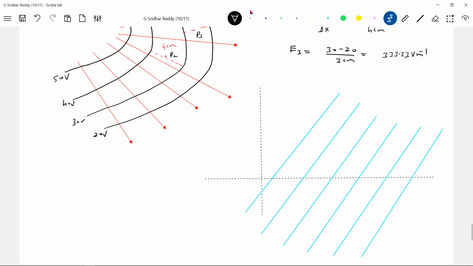These are the equipotential surfaces where the potentials are given: 50 volt, 40 volt, 30 volt, 20 volt, 10 volt.